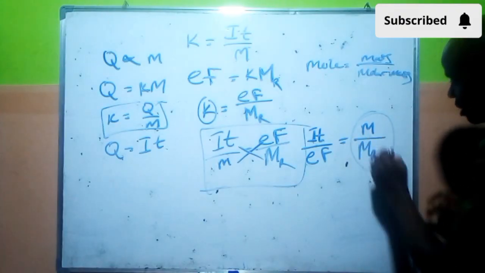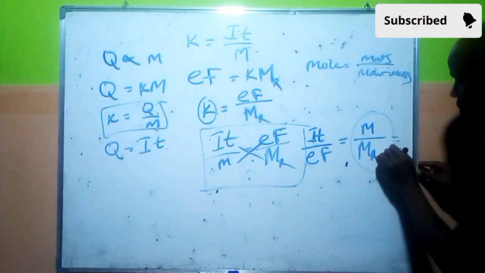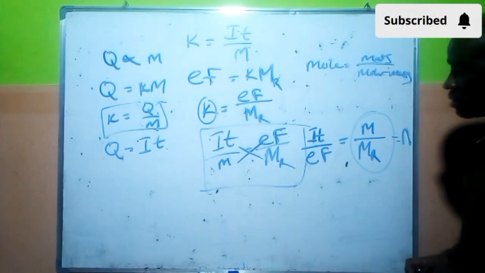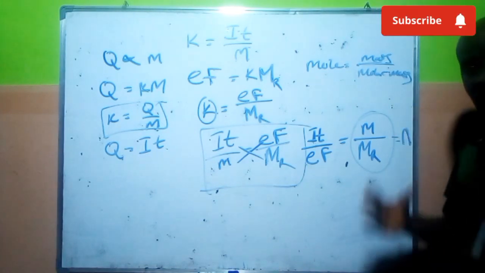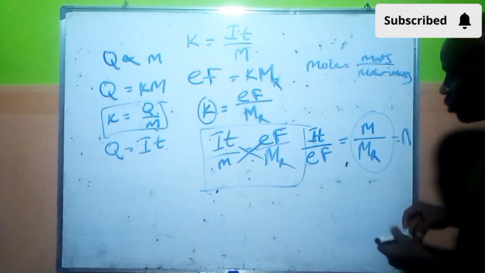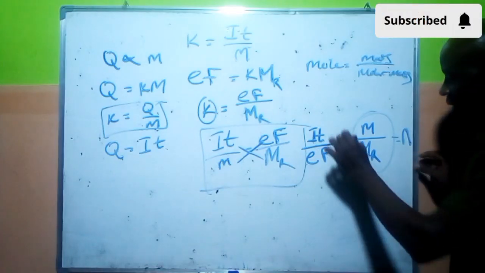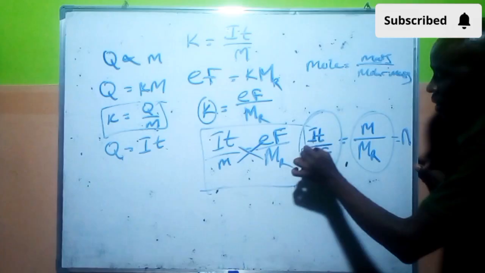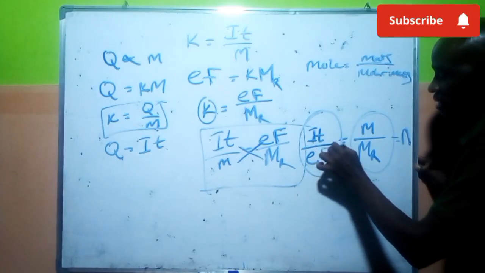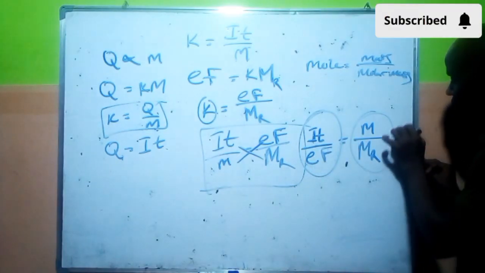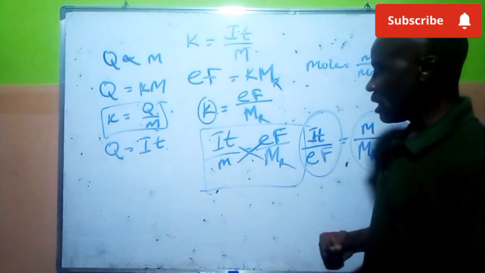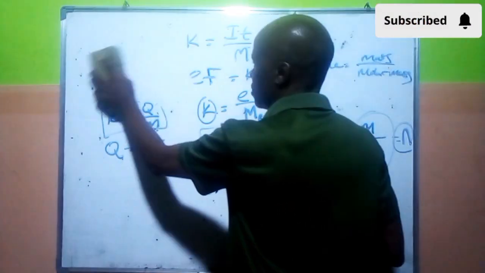And that is what we have here, which means it is also equal to n, which is for amount. That means when we are handling electrolysis, we can use I times t over e F, that is the Faraday, to give us the amount. Let me show you some other things we can do with this.